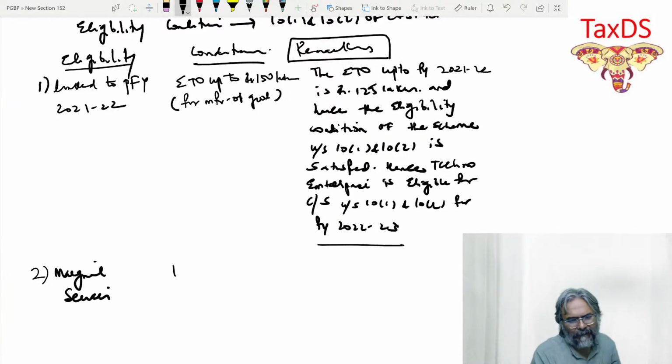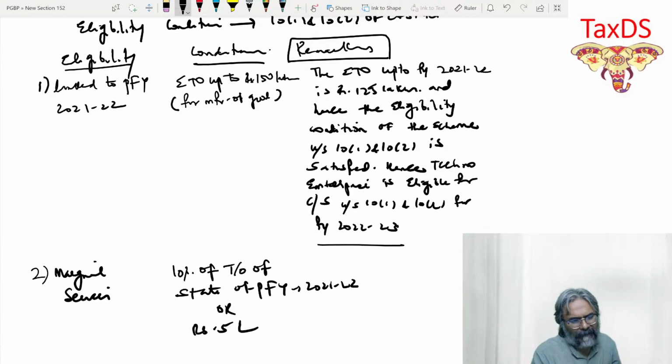And please write the limit. What is the limit? 10% of the turnover of the state of PFI 21-22, or rupees 5 lakhs, whichever is higher.